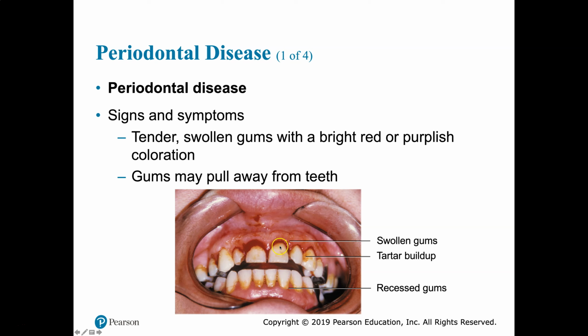Same thing here. The gums are receding, exposing more of the base of the tooth. This is a big problem because it causes the teeth to become loose and potentially fall out. Now, periodontal disease can be managed.